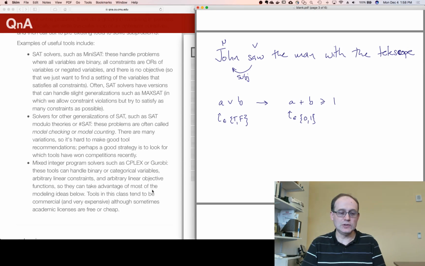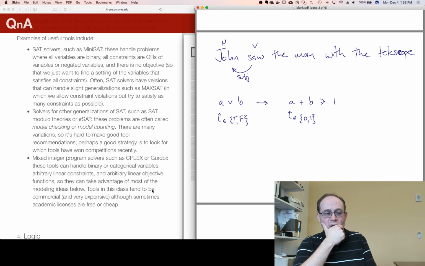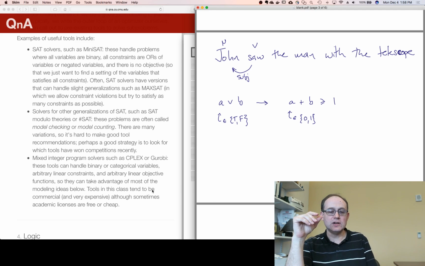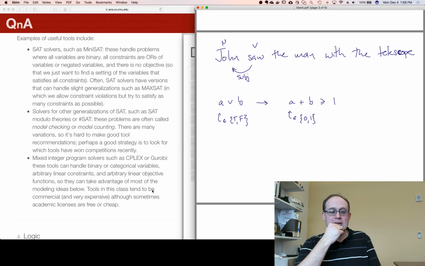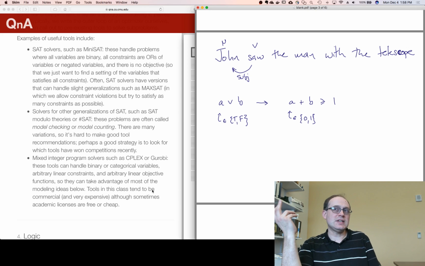Some of the useful tools are SAT solvers. This would be problems with binary variables and constraints of the form A or B or not C. This is, in some sense, the simplest discrete optimization problem.